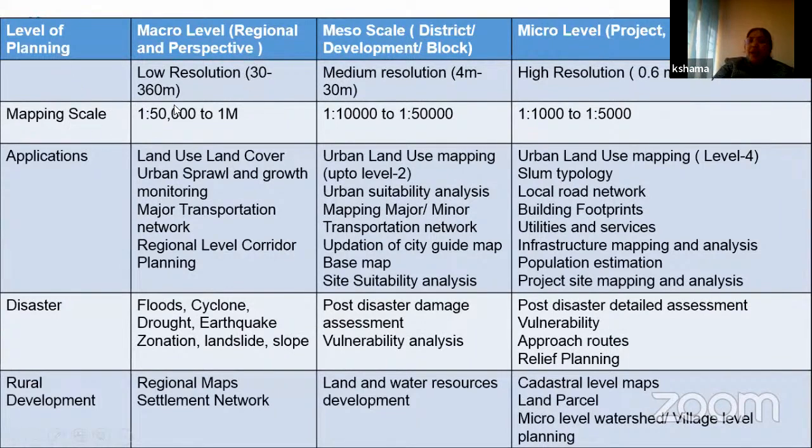This we can map from 1:50,000 to 1 million. It can be utilized for multiple applications like land use, land cover, urban sprawl and growth monitoring, major transportation network, regional level corridor planning. It is very good data for disaster management, like flood, cyclone, drought, earthquake, landslide and slope, and regional level maps and settlement network.